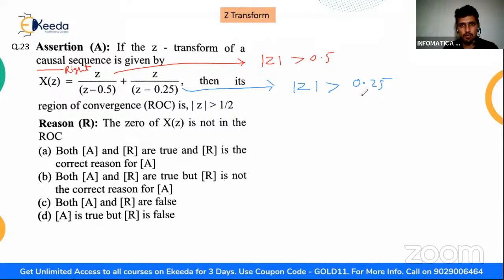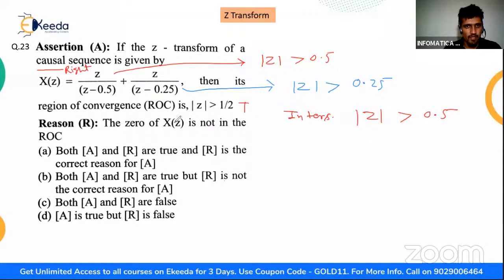The intersection will be mod z greater than 0.5. So this is true, because this has ROC mod z greater than 0.5 and this is 0.25, and the intersection of these two ROCs is mod z greater than 0.5. So this is true.